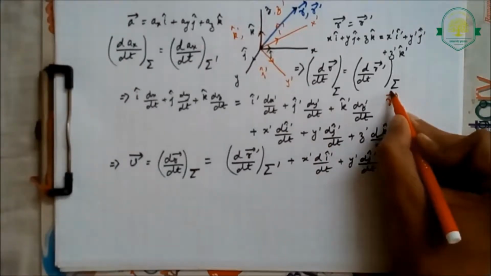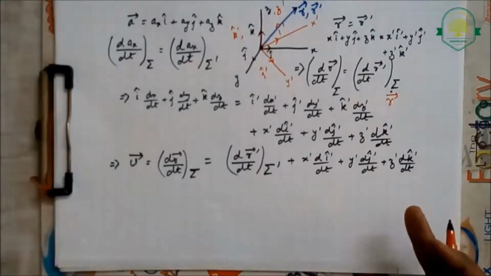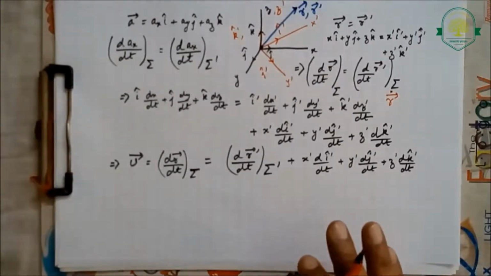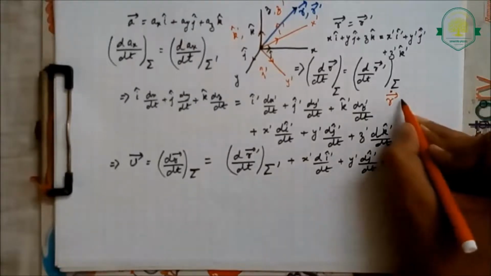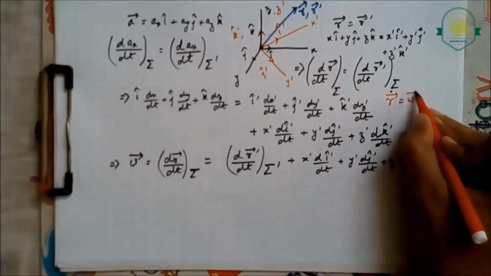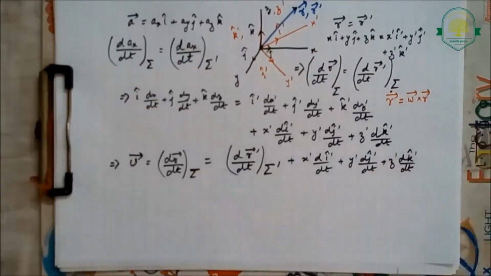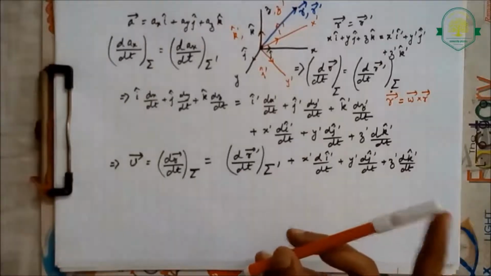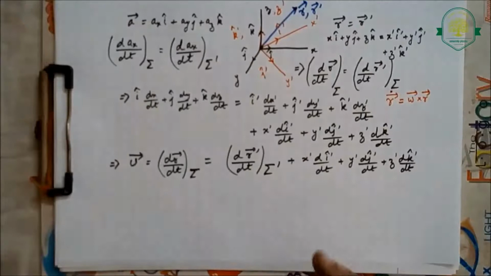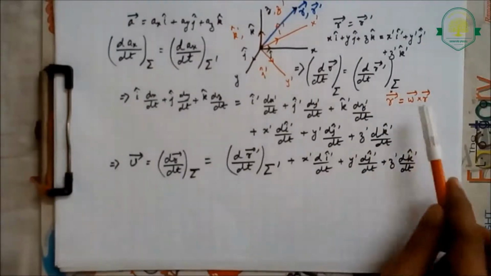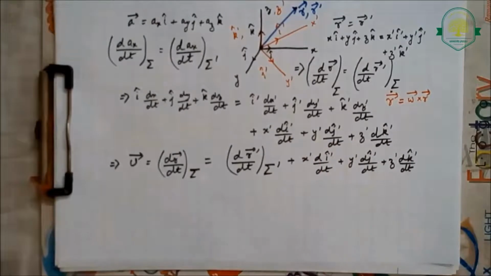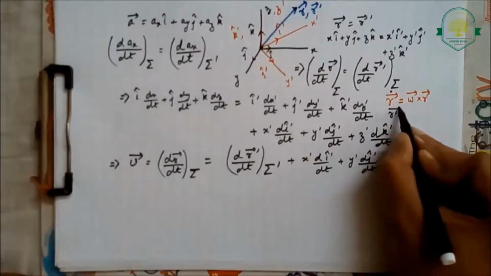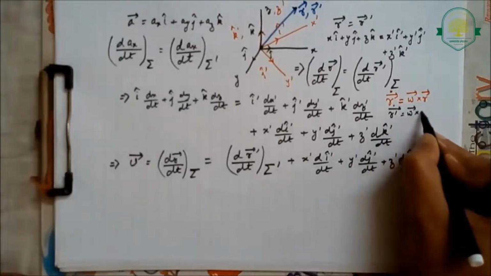If we differentiate that vector as seen from the unprimed frame of reference, that is as seen from the ground frame, that will just be omega cross r, because that vector which is constant in the rotating frame of reference will rotate with an angular velocity omega as seen from the ground frame of reference. And because r and r primed are equal, I can as well simply put r primed dot equals omega cross r primed.